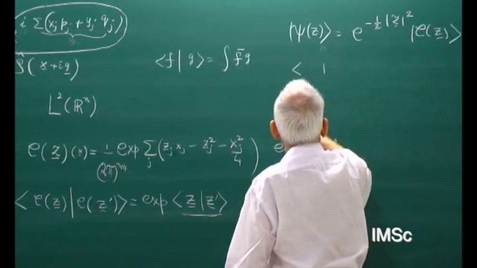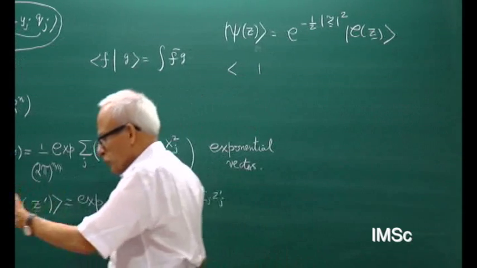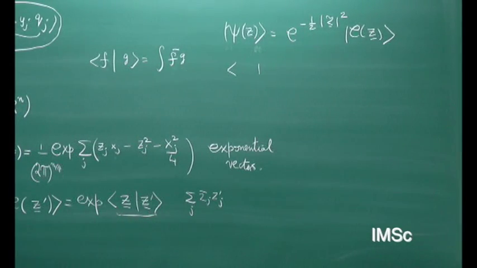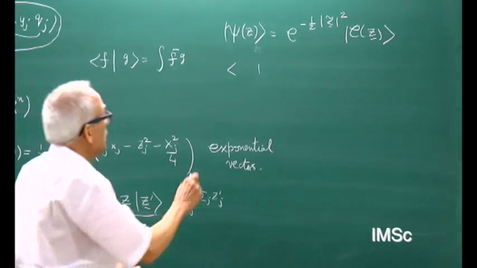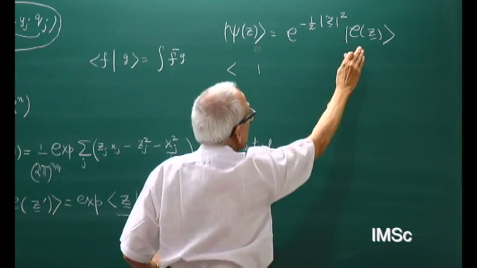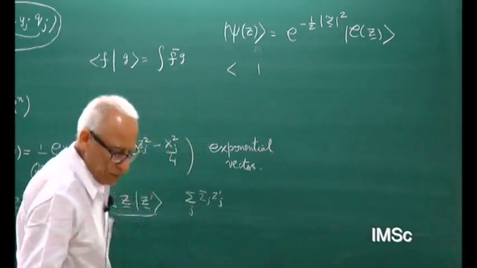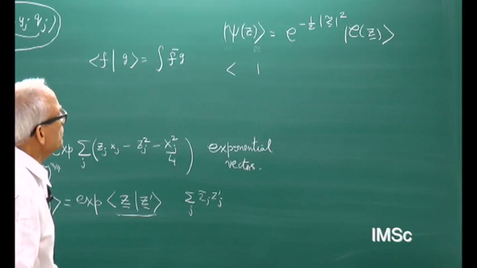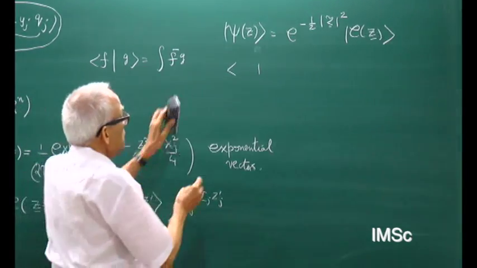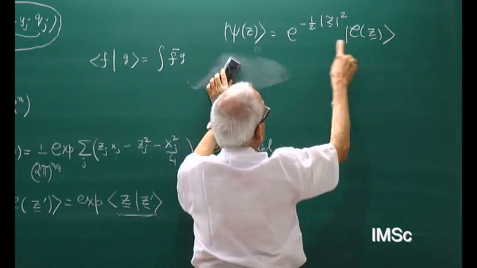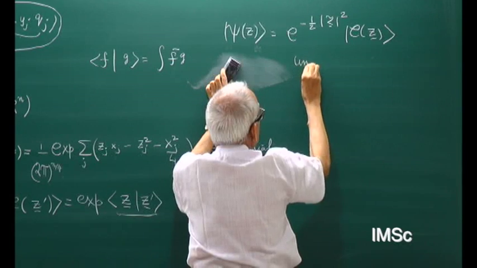But if I write like that, then that is an element of the dual, that is, a linear functional on the Hilbert space. So these are the so-called bra vectors and the ket vectors in the standard Dirac notation. This is a unit vector, the exponential vector normalized.